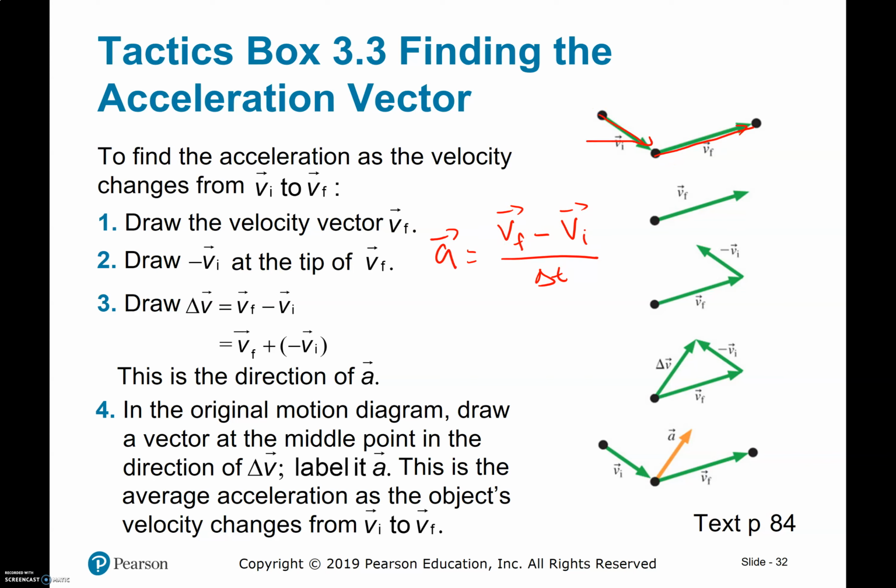And remember how we did that before. We take this vector, and then we take this other vector and flip it around. So this is minus v initial, and now v final minus v initial is a vector that goes from here to here. This is delta v. Now we take this vector delta v and divide by delta t, and we get the acceleration, which is this vector here. So this motion from here to here to here has this acceleration that we just calculated.